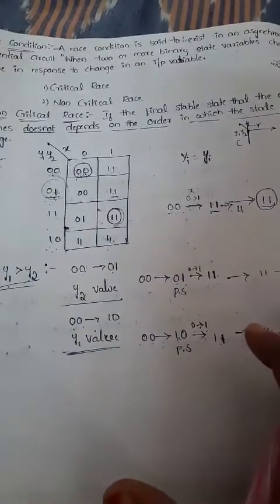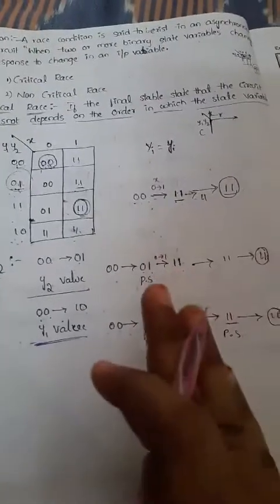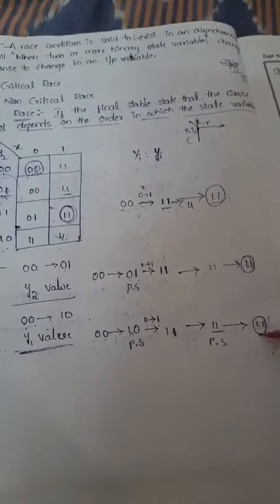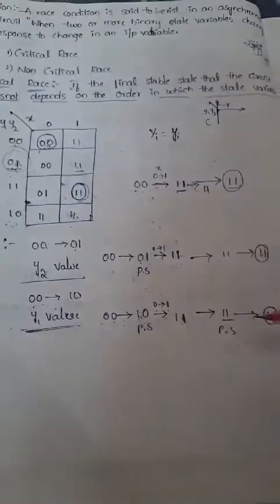So whatever the possibility you are having, whatever may be the order you have, the system will reach the final stable state 1 1. Okay, so then here we can consider it as the non-critical race.